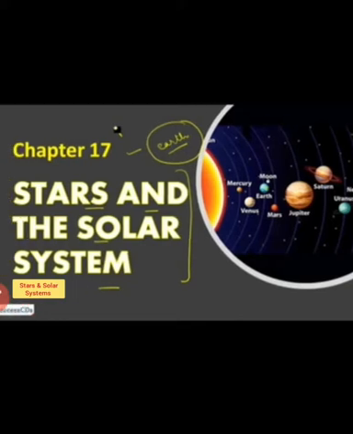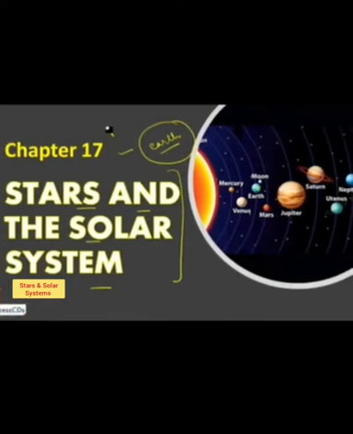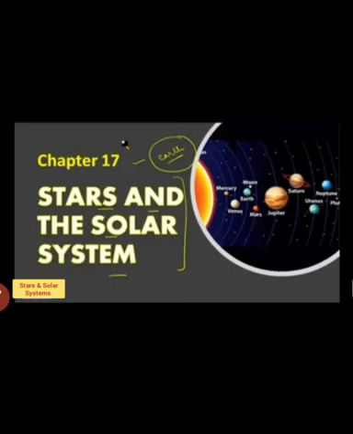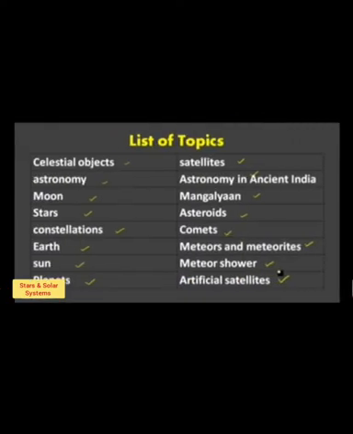Next, we don't have to study each and every planet, but there are various types of heavenly bodies, or celestial bodies, present in the solar system, and we have to discuss those bodies. Here is the list of topics we will discuss in this chapter.